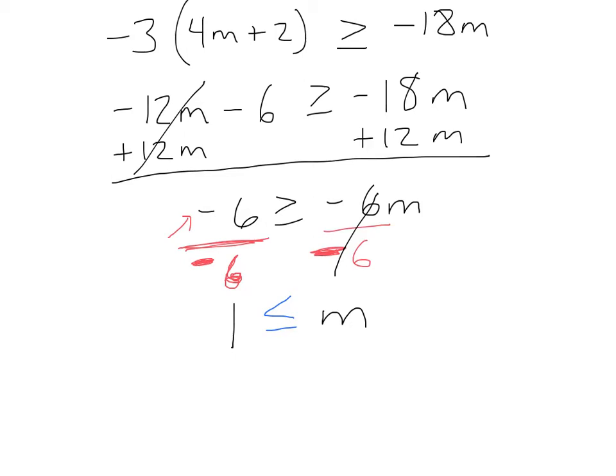So you're really interested in the numbers, reading from the variable. In this case, the variable's on the right. So the numbers greater than or equal to 1. On a number line, here's 1, here's equal to 1, and here's greater than 1.